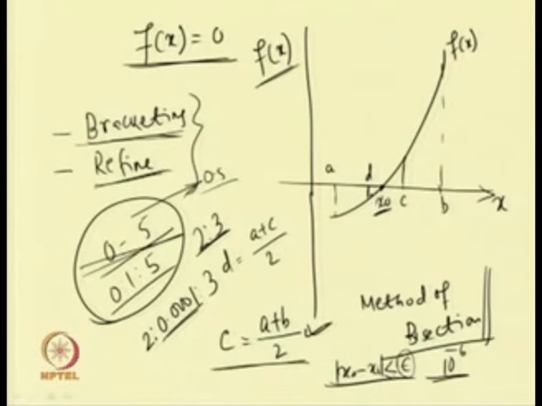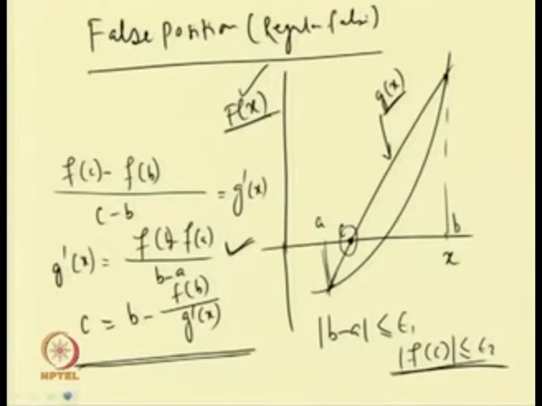So, we obtain this C value in the case of regula falsi. We have taken these points, joined them by a straight line, and then we obtain this false position C. After getting the false position, we check whether the solution has converged or not, or again we can take that value C as the next point, and by taking this A, B and C, again we can join these two by another straight line and see where it intersects the x axis.